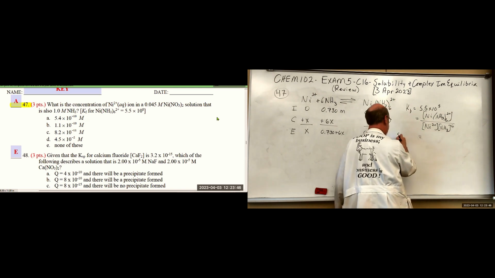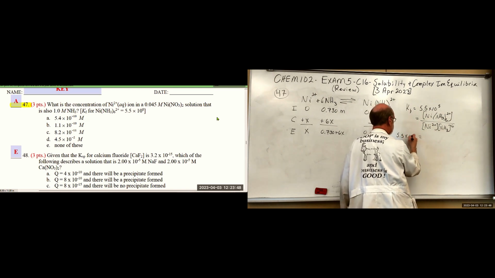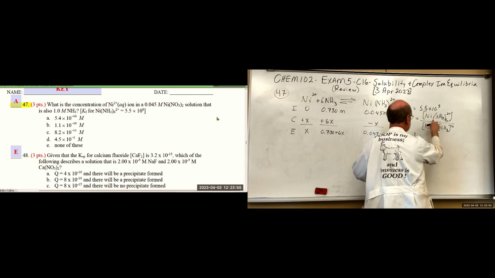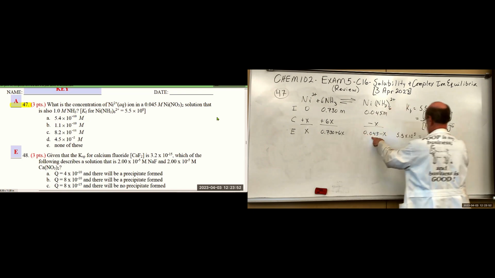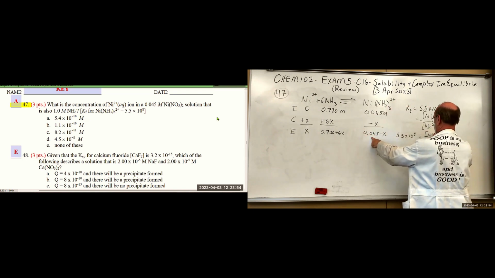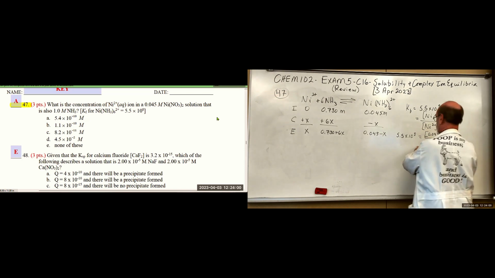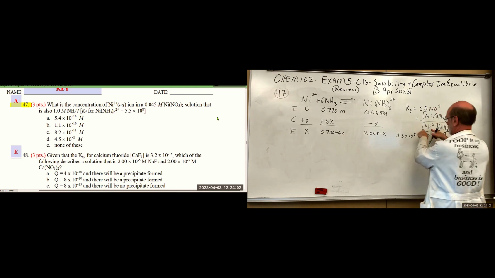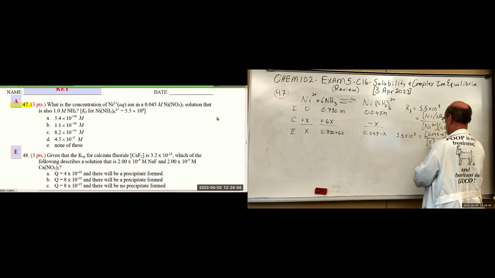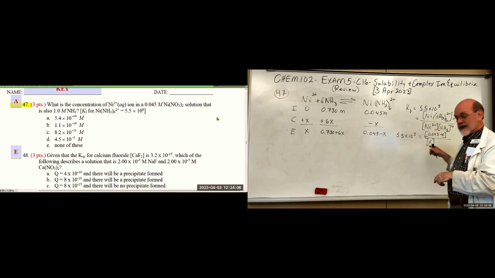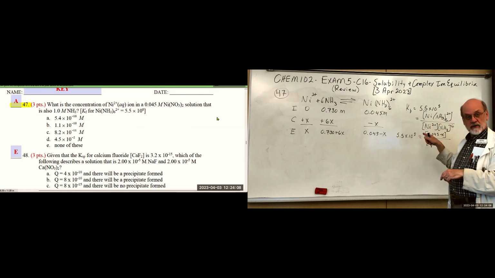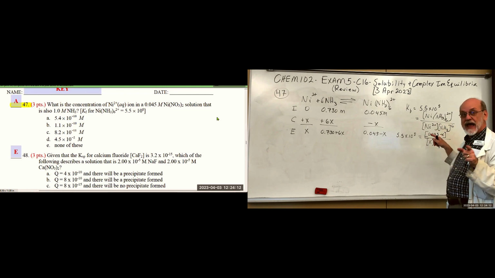So now we have 5.5 times 10 to the 8 is equal to this value, 0.045 minus X divided by X for the nickel, right? And if we solve for X, we have our equilibrium value for X, for nickel concentration. That's what the problem asked for.